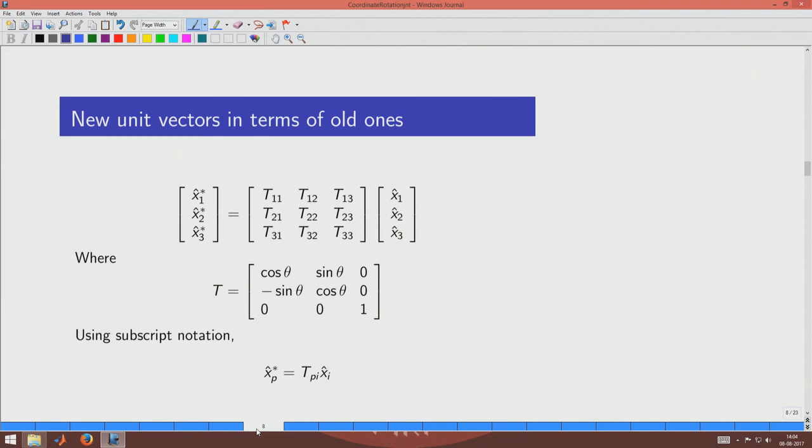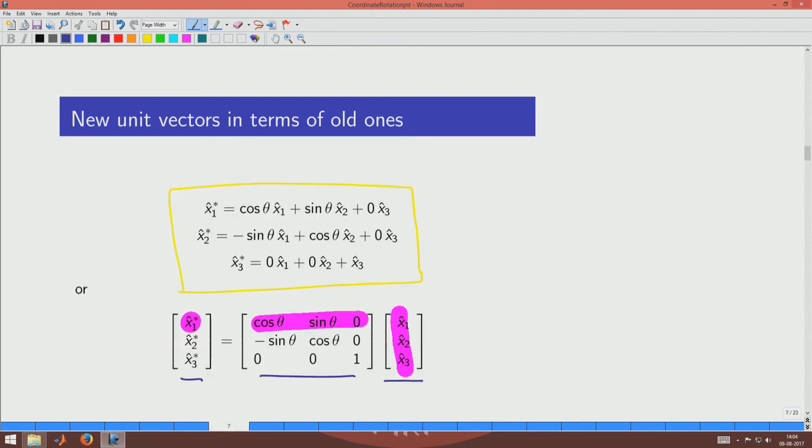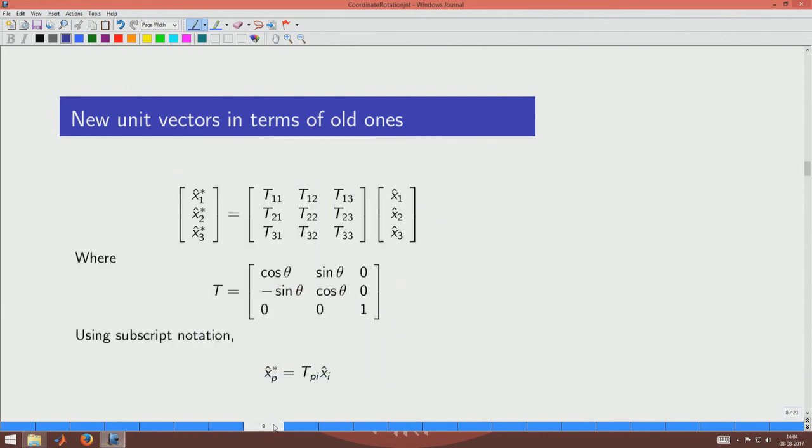We want to call each of those terms an element of a matrix T. So, T11, T12, T13 are nothing but cos theta, sin theta and 0 respectively. We could then write this expression using the short form T, so that we represent that as a matrix. This matrix is nothing but the transformation matrix.